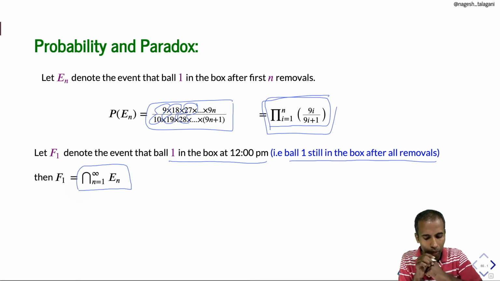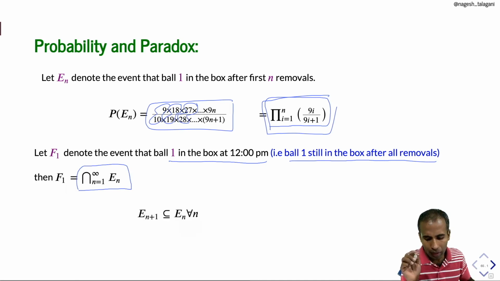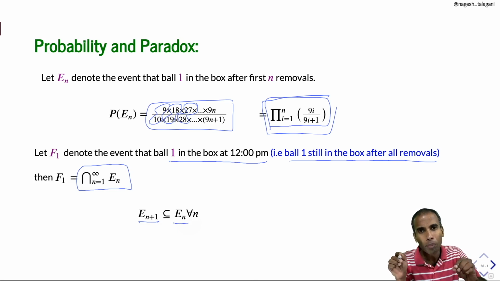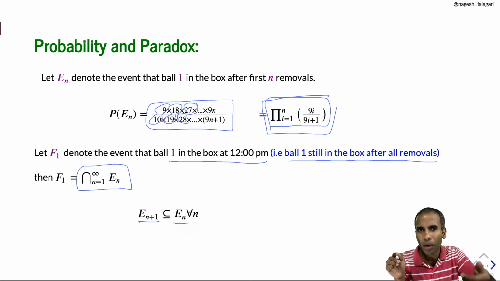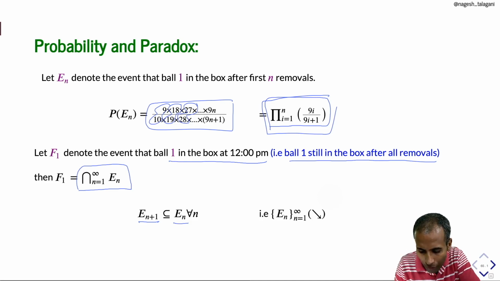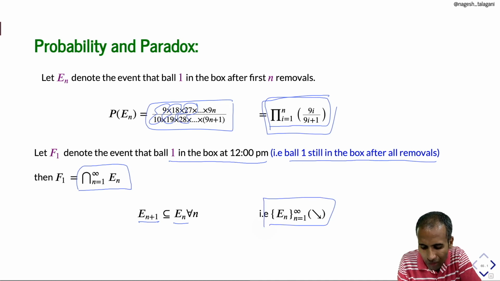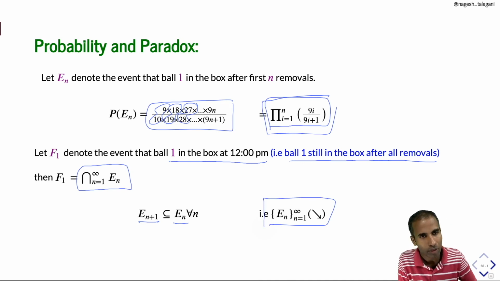Here En plus 1 is contained in En. That means whenever En plus 1 happens, En happens, because if you see ball 1 at the n plus 1th removal, you must have seen ball 1 at the nth removal also. That means we have a decreasing sequence of events. This sequence En is a decreasing sequence of events.